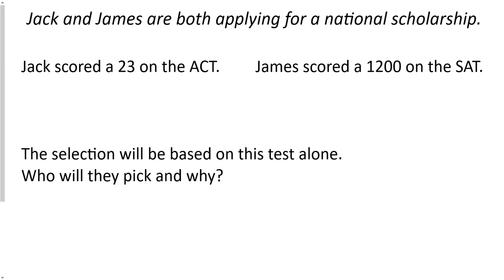So the mean, in this case, of ACT, and this is nationwide now, I don't know which year I found this from, but the mean is going to be 21, and the standard deviation, or sigma, is 5.6, whereas for the SAT, the mean is 1100, and the standard deviation is 150.